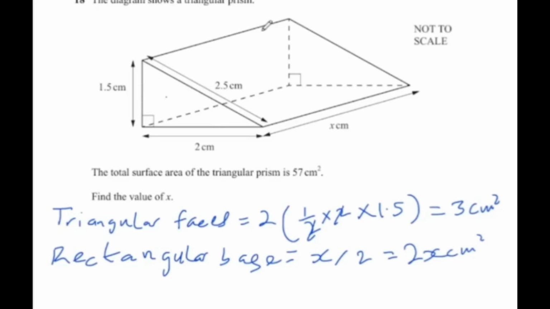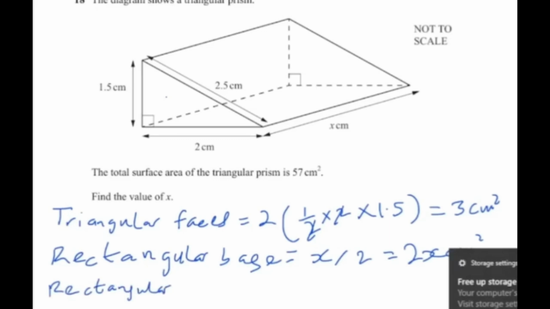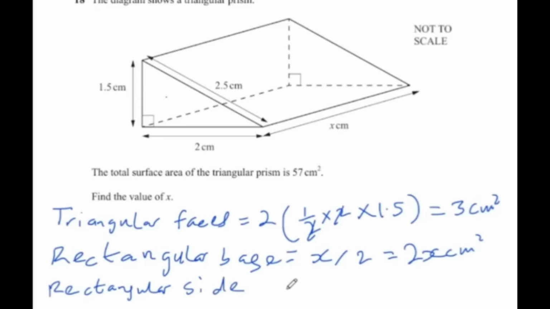Then for the rectangle at the back, the rectangular side, we're going to get 2.5.